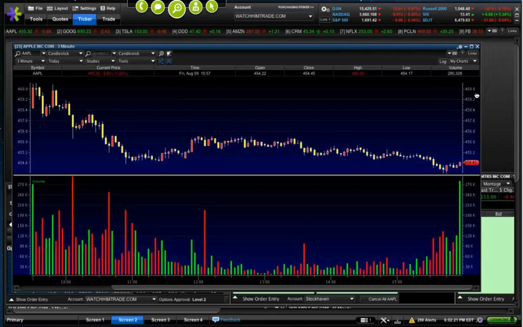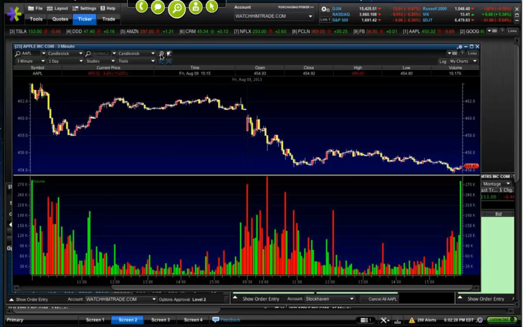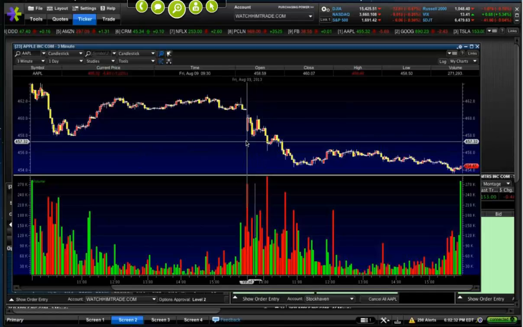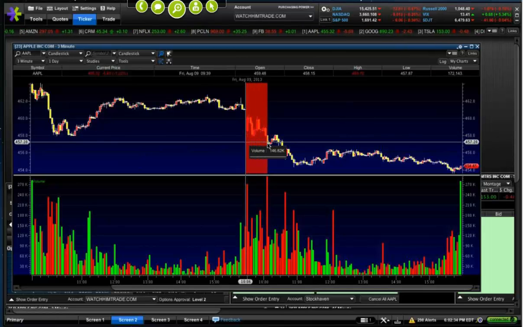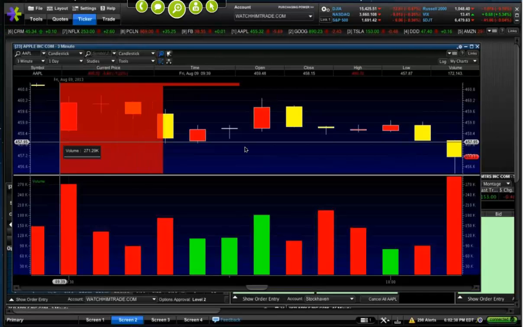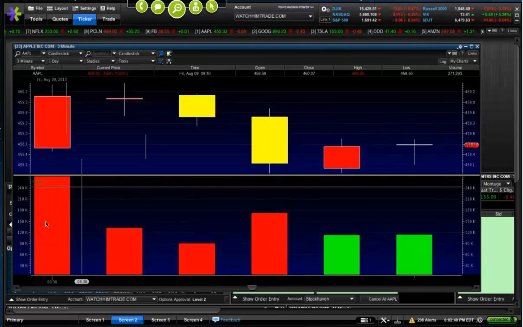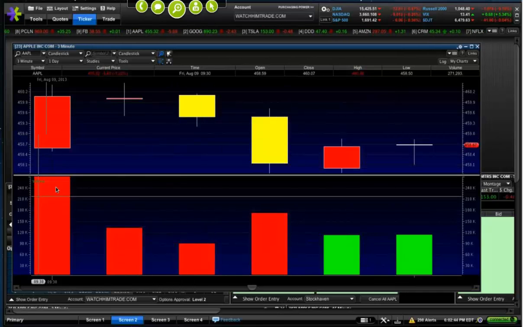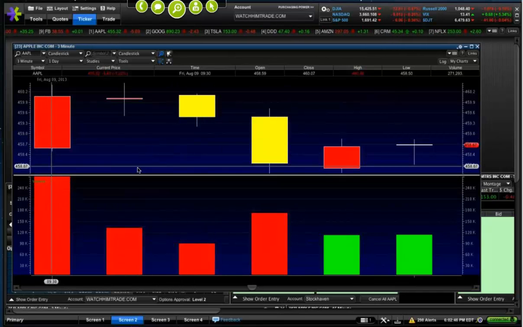All right. So with that said, there's a couple terms you need to know and understand, vocabulary terms, if you will. And here we are, I'm zoomed in on the first 15 minutes of the day on Apple from Friday.